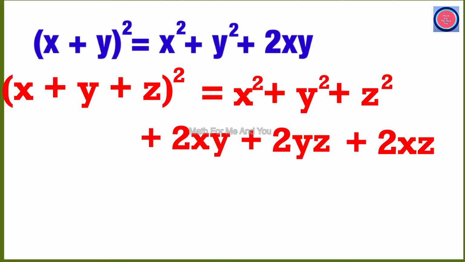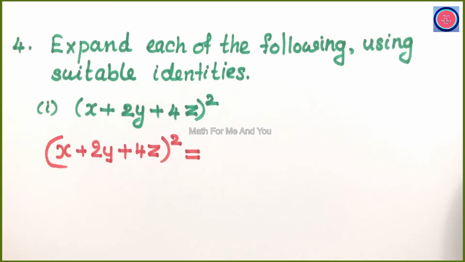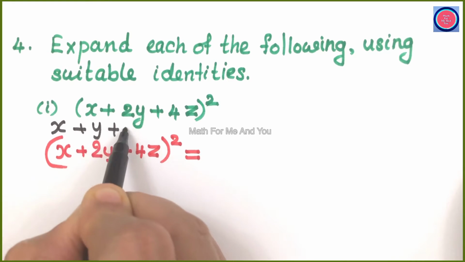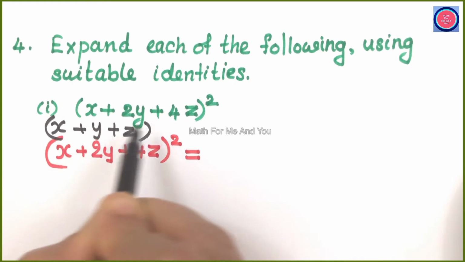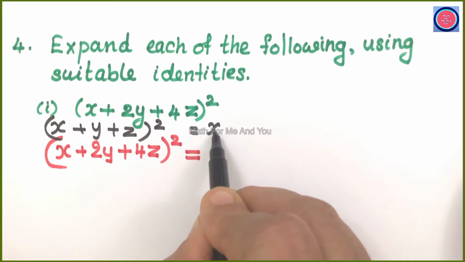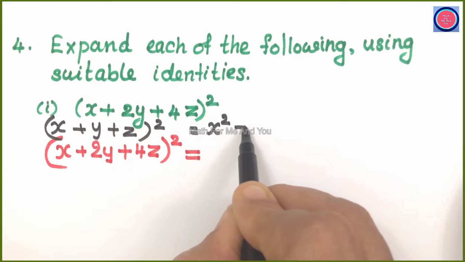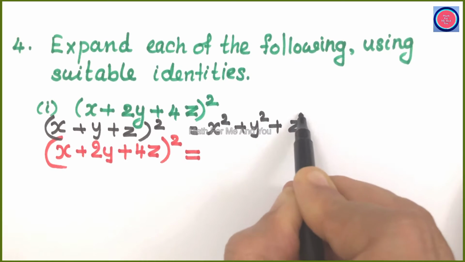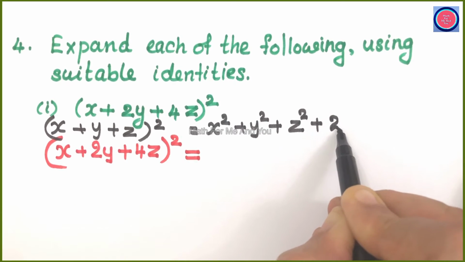Now using this identity we are going to expand the question. The question is (x + 2y + 4z) the whole square. First of all we can write the identity (x + y + z) the whole square, which is equal to x square plus y square plus z square plus 2, and then we connect two variables at a time.